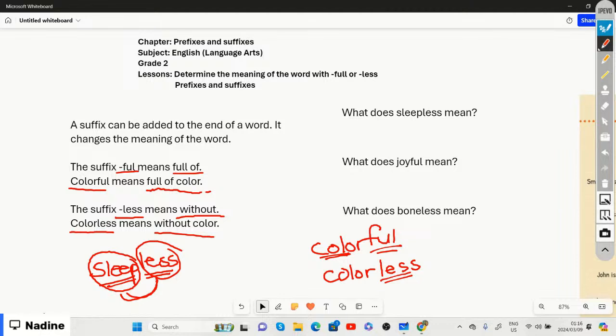So if we look at these questions, it says, what does sleepless mean? Based on our suffixes, the suffix full means full of, and the suffix less means without. Does it mean it's full of sleep or without sleep?